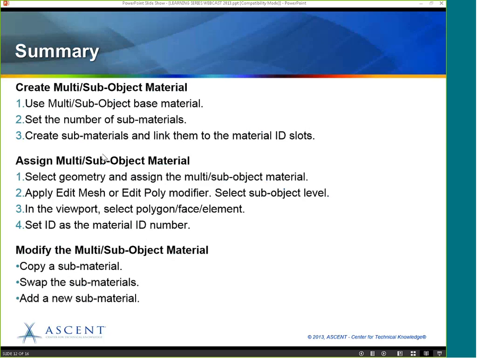We also assigned the sub-materials to different polygons and faces of a single geometry. This was done using the sub-object level of the geometry by applying the edit mesh modifier. You can also use the edit poly modifier. Whatever you are comfortable with, it's just personal preference.